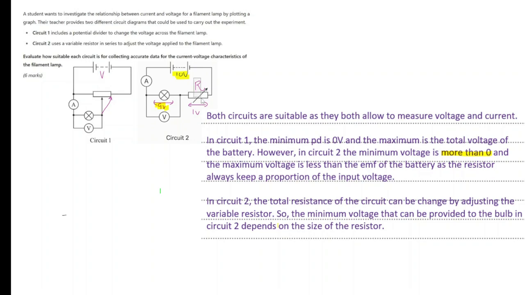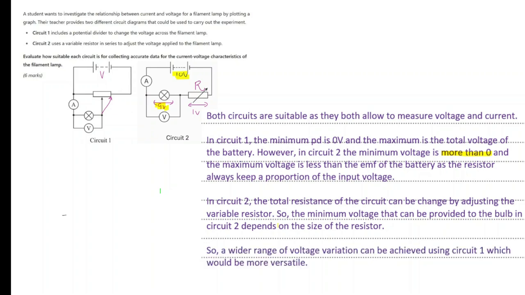Depending on how small or how big you can make the value of capital R, the PD that you can provide to the light bulb changes. So to finalize it, we can say in conclusion, a wider range of voltage variation can be achieved using circuit 1, which would be more versatile.